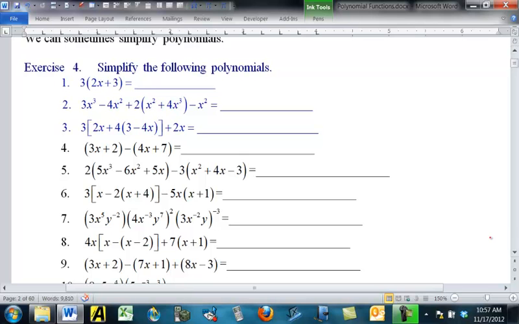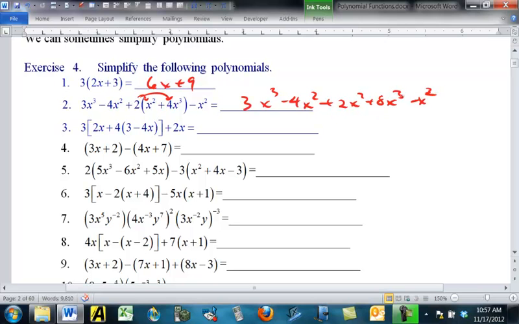Sometimes we can use the distributive property and combining like terms to simplify some polynomials. So let's try this with a few examples here. Here we can use the distributive property to make this 6x plus 9. Here we can use the distributive property. Let's see, 3x cubed minus 4x squared. Distribute here. So this is plus 2x squared plus 8x cubed minus x squared.